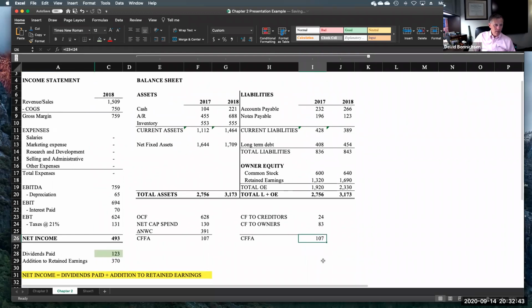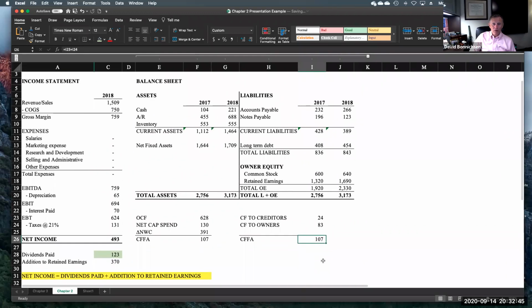Are there any questions about what we just went through here? If you start setting up your spreadsheet and you have an income statement and a balance sheet, and then you simply start adding to all of these different calculations that we're going to go through, especially next week when we get into ratio analysis and financial statement analysis, your life is going to be immensely easier.